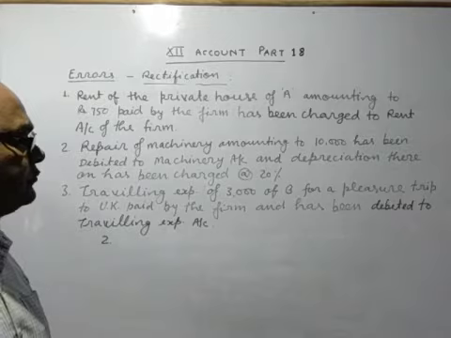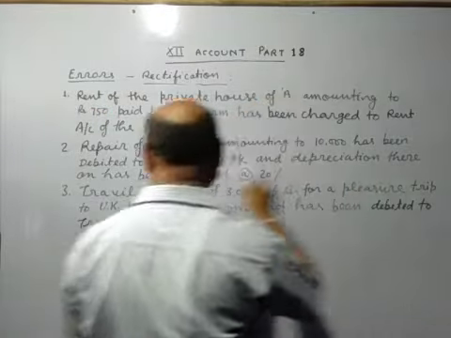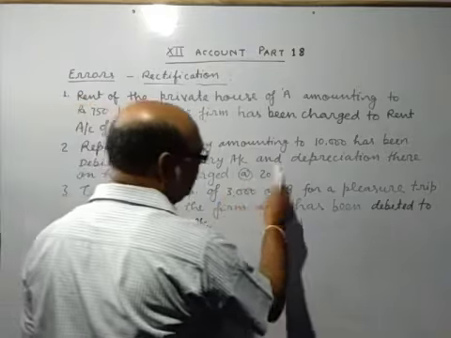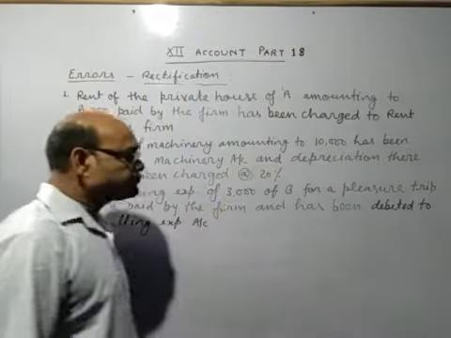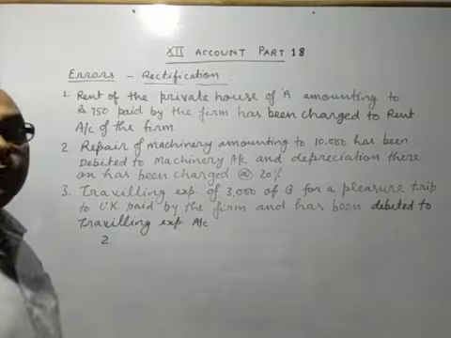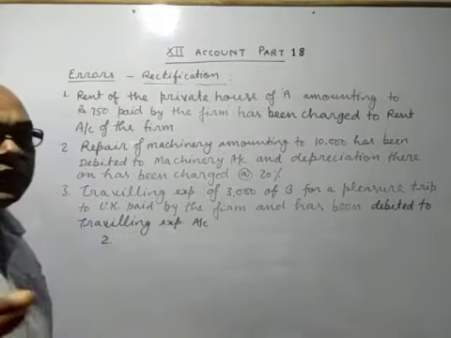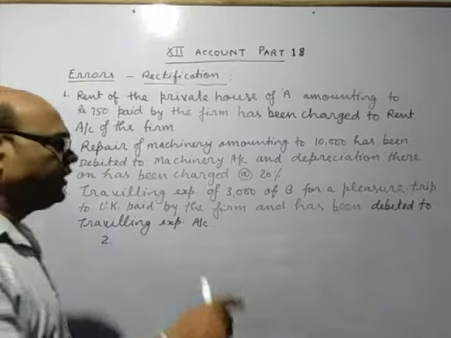And depreciation thereon has been charged at the rate of 20%. Now if you have passed the depreciation entry, it means you have reduced the value of the machine by depreciation account, and this was recorded on the P&L account debit side.